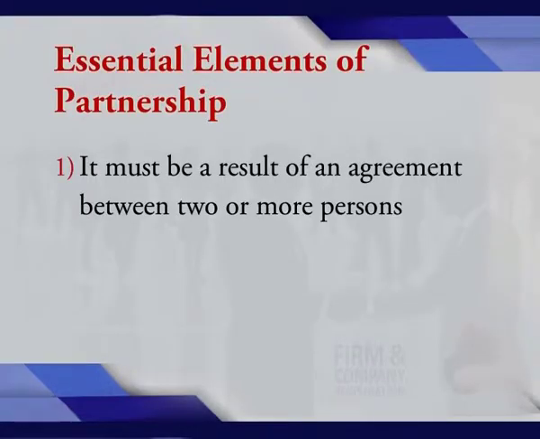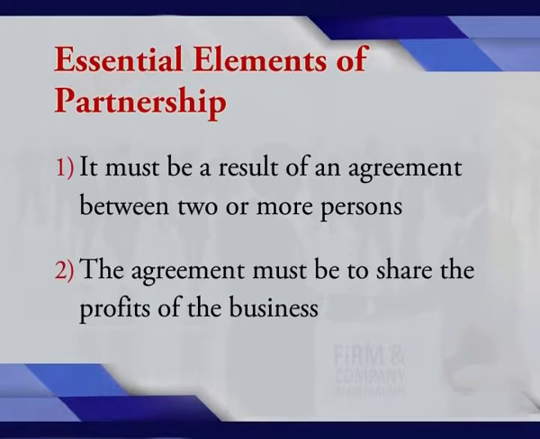It therefore follows that a partnership consists of three essential elements. First one, it must be a result of an agreement between two or more persons. Second, the agreement must be to share the profits of the business.